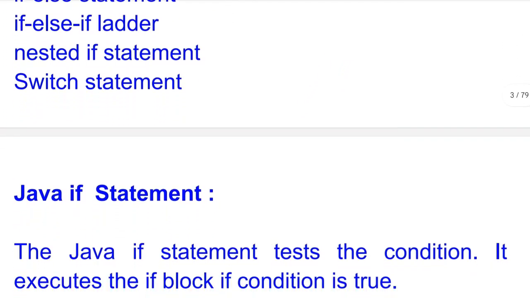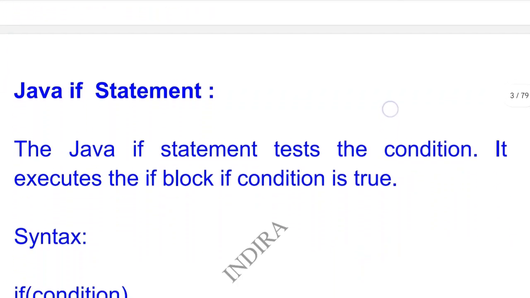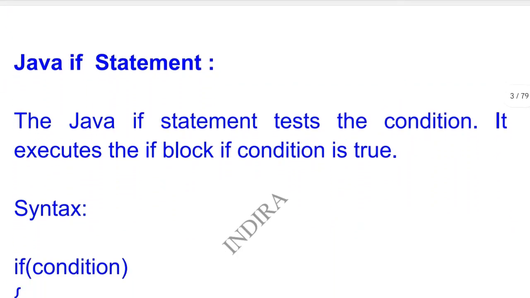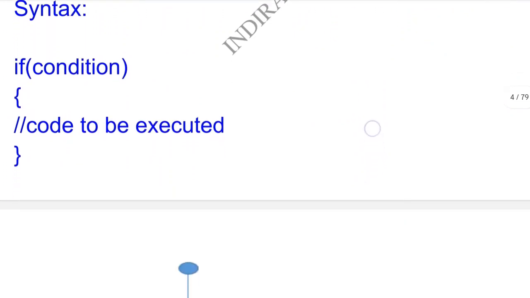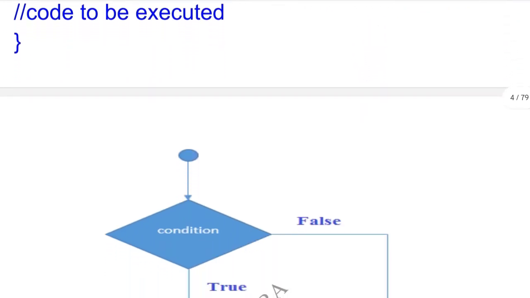The Java if statement tests the condition and executes the block if the condition is true; if it is false, it terminates. This is the syntax of the Java if condition. Flowcharts of the control statements are also very important for BSc 4th semester students of Andhra University.